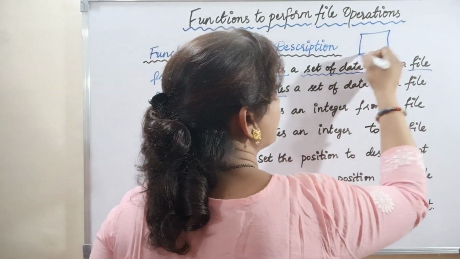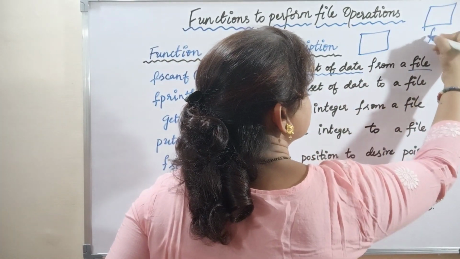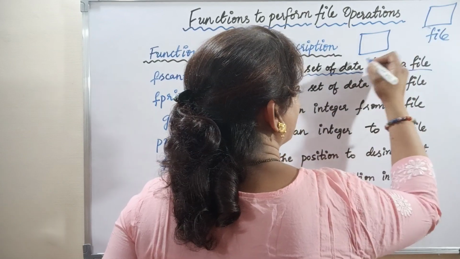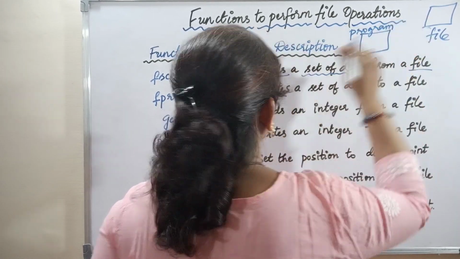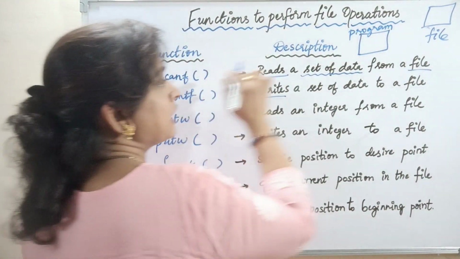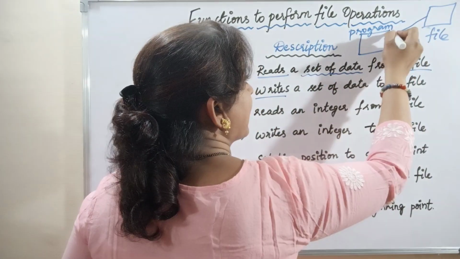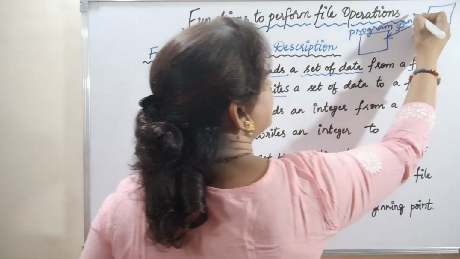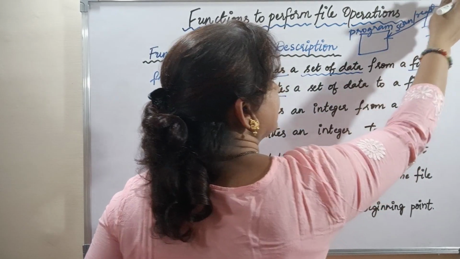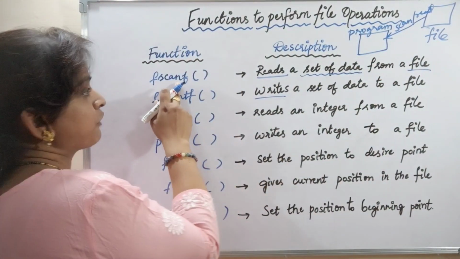So you have the program and you have the file. This is the file and this is the program. What fscanf will do is scan the data from the file. I am reading the data from the file through fscanf.